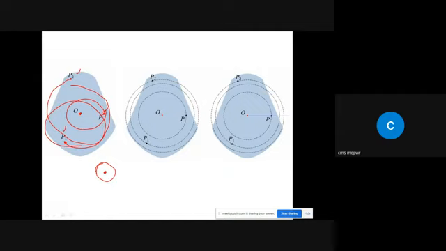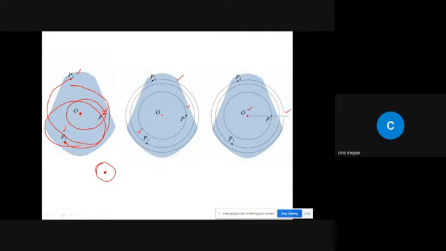So for point P, the path that it follows is this circular path. Then for point P1, the path followed is this one, and for point P2, this is basically the path, right? So let's say we draw a line that starts from the origin and passes through the cross section of all these three paths, let it be this line.